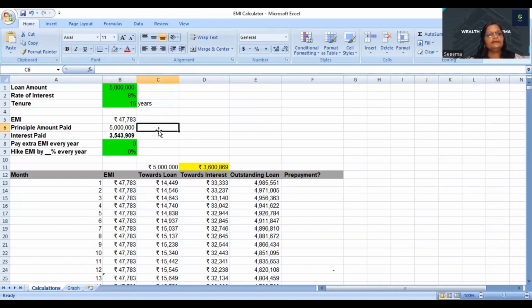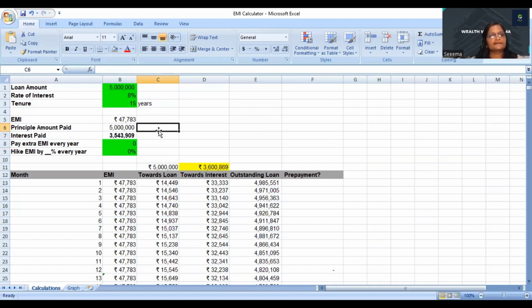The interest paid was 65 lakhs, and I just reduced my tenure by 10 years, so your interest is reduced by 30 lakhs. Is that not a good amount to save rather than paying to the bank, even if you are comfortable enough to stretch on 9,000 rupees per month?